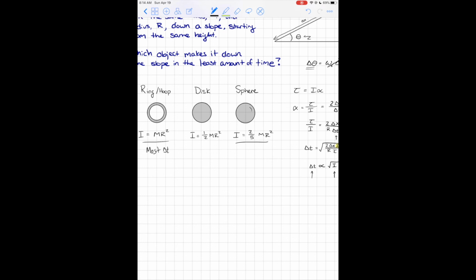Well, it's our sphere. Our sphere actually goes down the fastest because it has the least amount of rotational inertia. And our disk is somewhere in between. So first place goes to the sphere, second place to the disk, and third place to the ring.